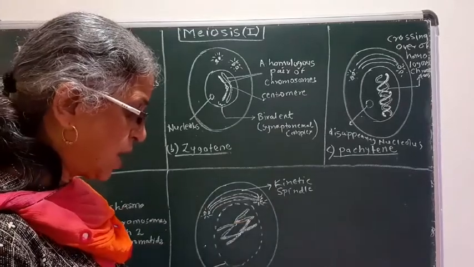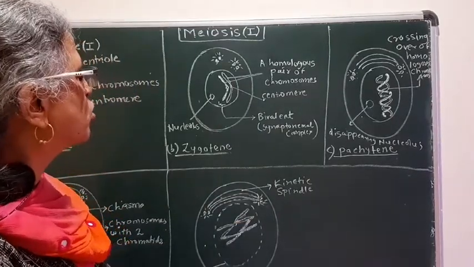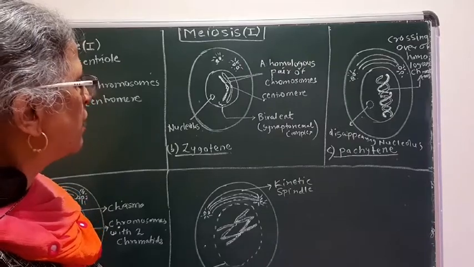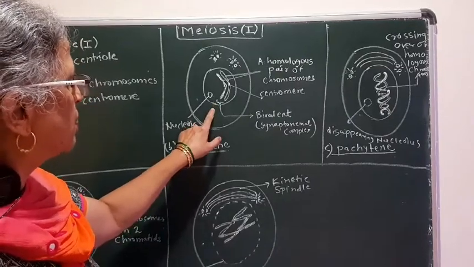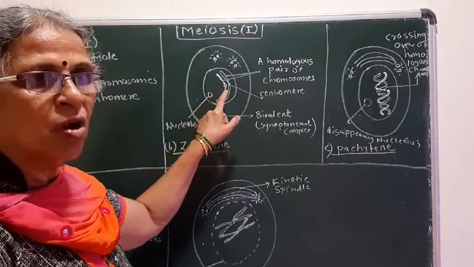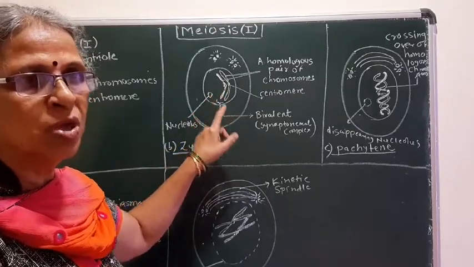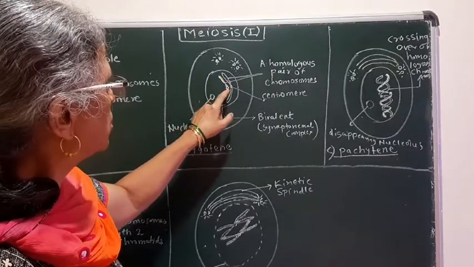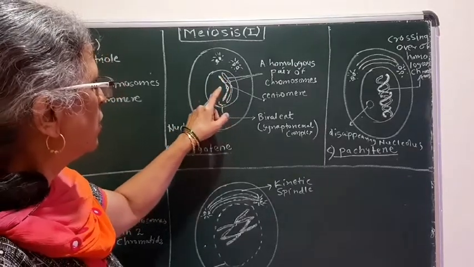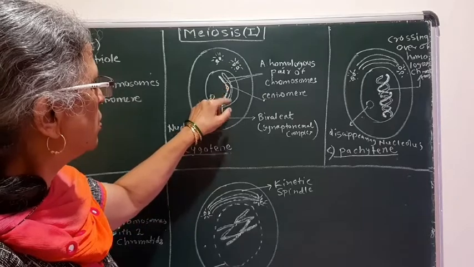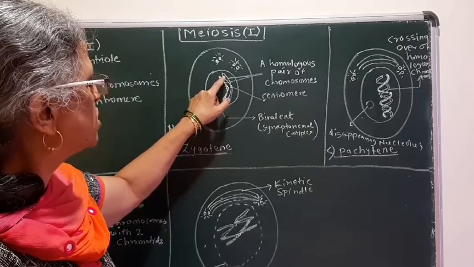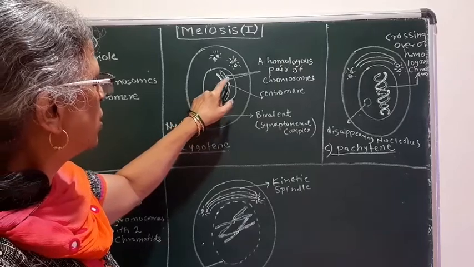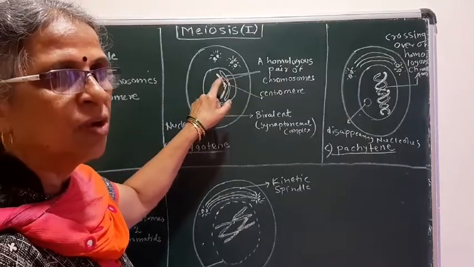Now at the same time, the chromatids of each homologous chromosome divide and a tetrad or a bivalent is formed. So 1, 2, 3, 4. I have drawn one chromosome which is not dark and one which is dark, to show that one is maternal and one is paternal.